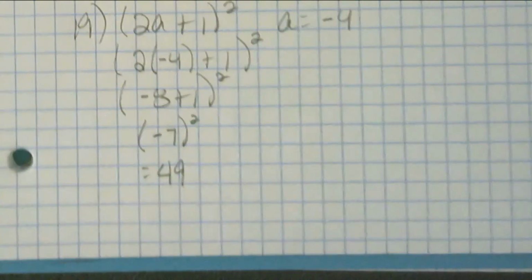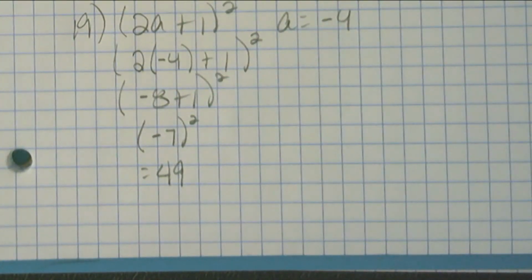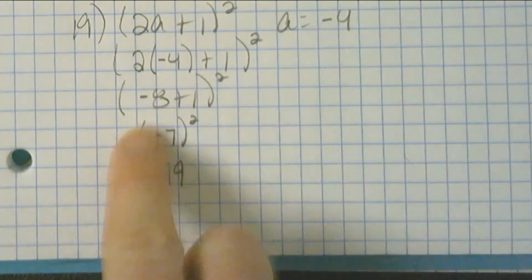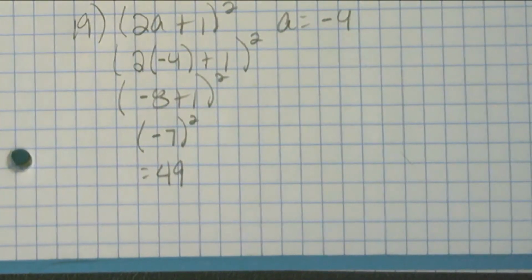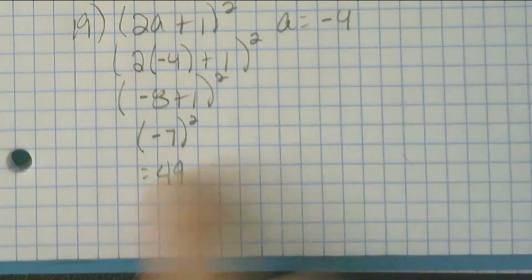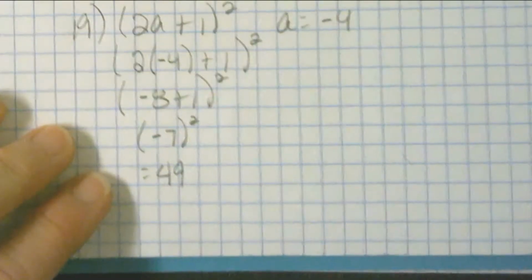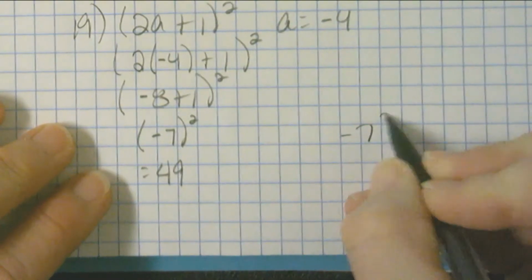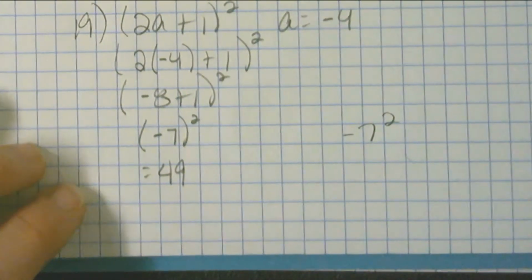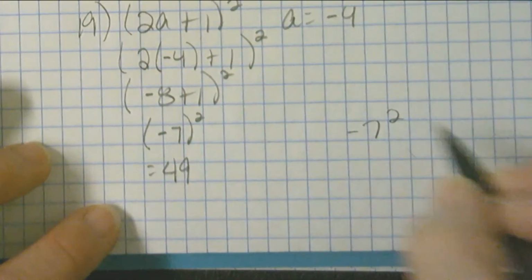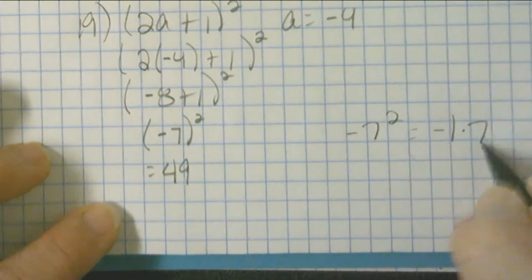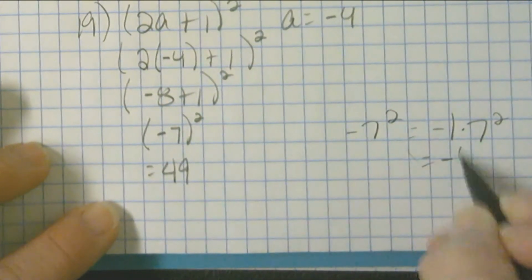If you noticed, I kept everything in parentheses. Why did Mateo make sure that we kept everything in parentheses here? Jack? If I don't keep all that in parentheses and I leave it as negative 7 squared without the parentheses around it, this is a negative 1 times 7 squared, which is negative 49.